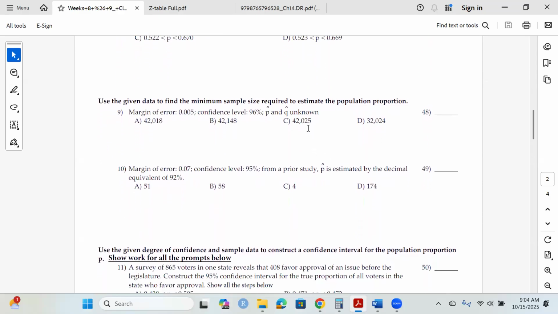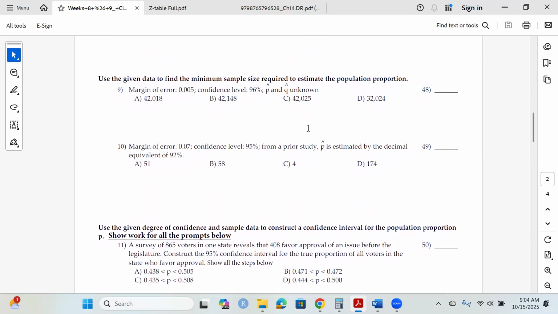Now these ones I did, but then I had completely different answers from her. So here's the problem with this question. The problem with this question is that while I know what the margin of error is, when we're doing an estimation of a sample size, we're going to say, well, what's the sample size we need to detect, in this case, a 0.5% difference, right?